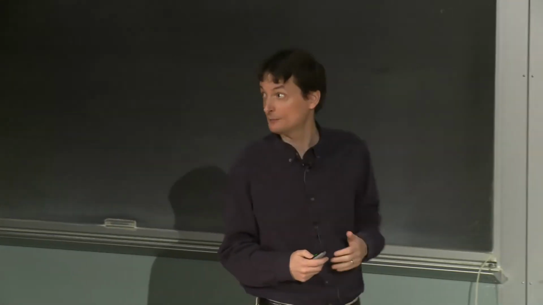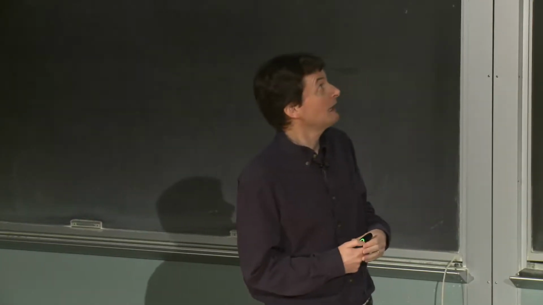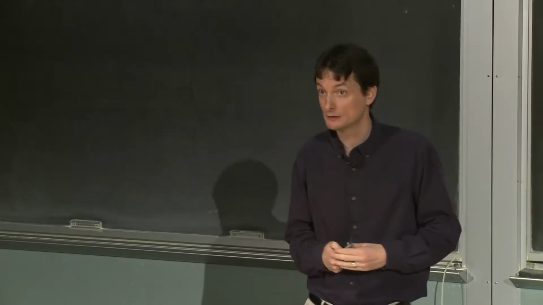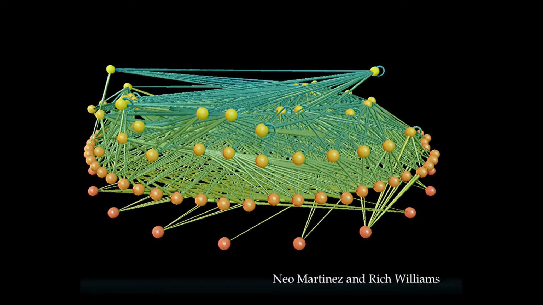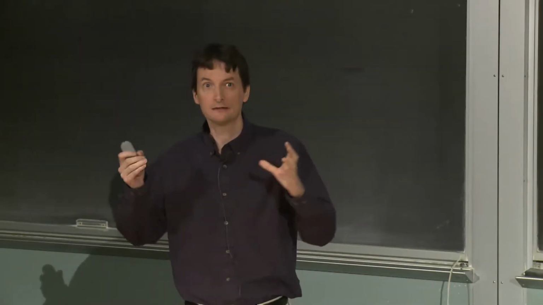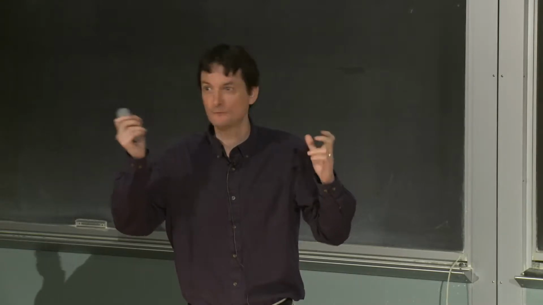Here's just one example. This is an ecological network. So in this network, the nodes represent species in an ecosystem, and the edges represent which species eats which other species. So this is a predator-prey network. Who eats whom for dinner? In the common parlance, we talk about the food chain.